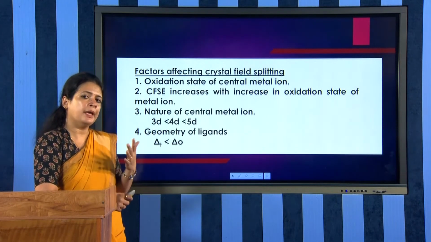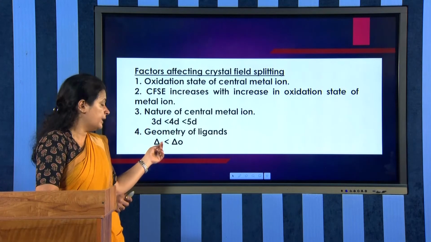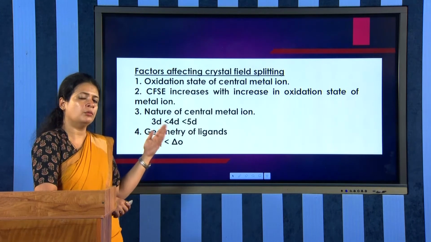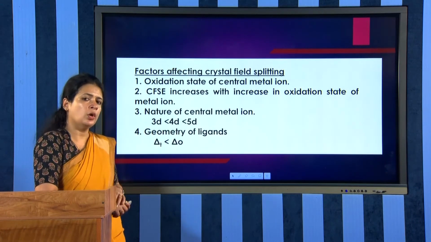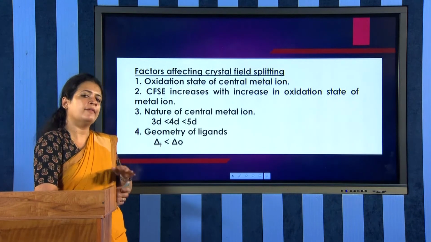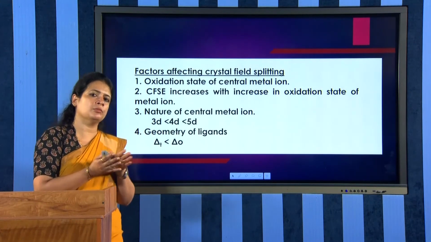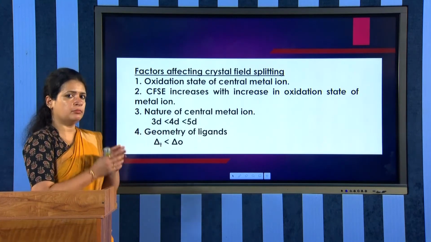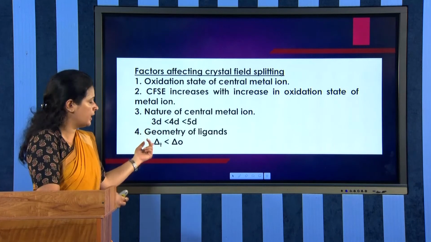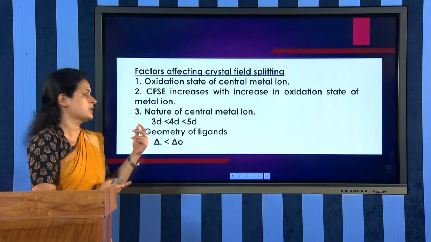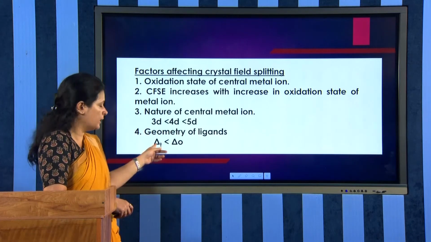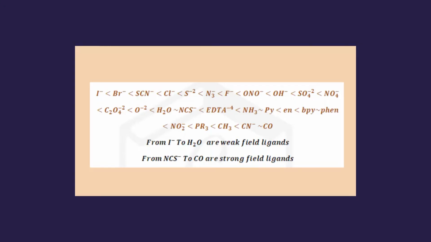When we compare these two, we have seen that delta T is very much less than delta O. We have seen the relationship between delta T and delta O. So, delta O has a greater splitting, and we have discussed the reasons for the difference in delta O and delta T. The number of ligands is less in the case of tetrahedral complexes, and also there is no direct interaction in the case of tetrahedral complexes, that is why delta T is always less than delta O.